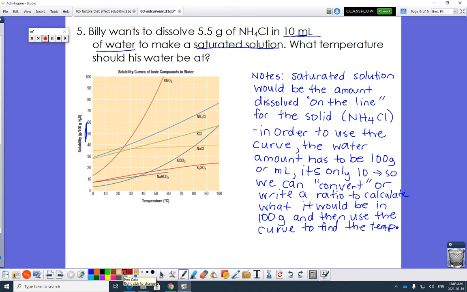So there also are questions, a variety, where you do have to write a ratio. It could give you the temperature and say how much dissolves and then ask you to change it into a different amount of water. You can do that too. In this case, it's saying 5.5 grams in 10 milliliters, but in order to use the curve to find the temperature, we need to know how many grams are able to dissolve in 100 grams of water.